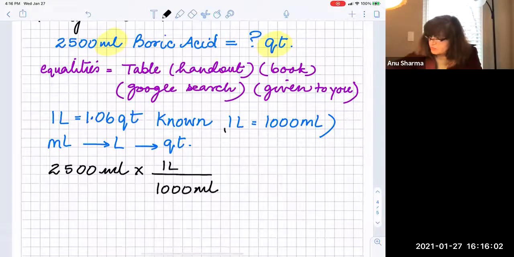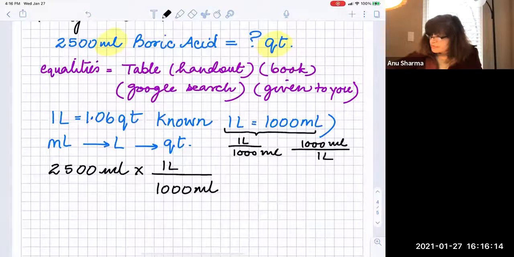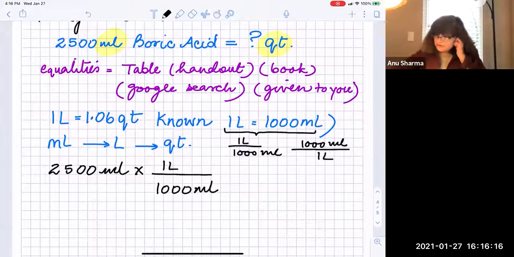Because this equality can be made into 2 conversion factors, 1 liter over 1000 milliliters, or 1000 milliliters over 1 liter. Which one are we going to use? We need to convert milliliters to liters, so we use this one. Liters is what we want, and we want to remove the milliliters.